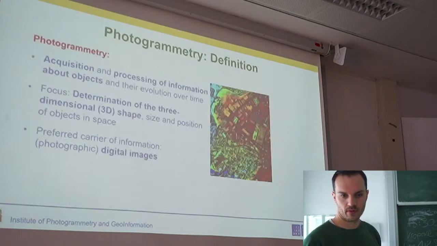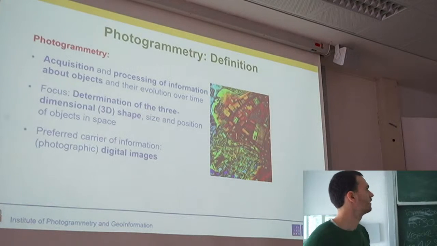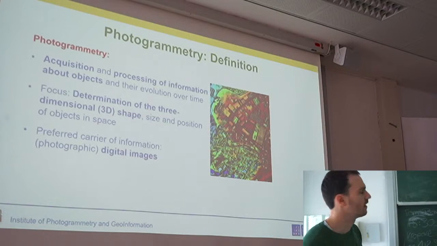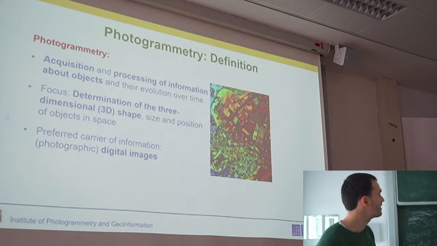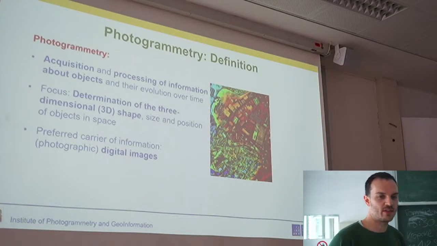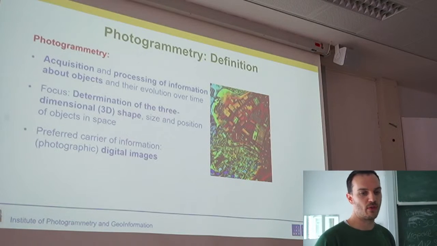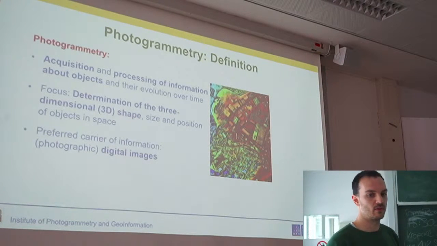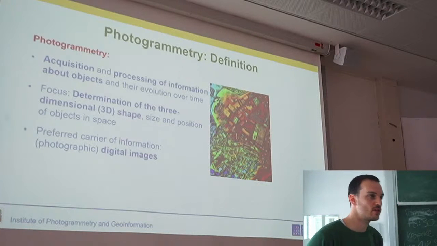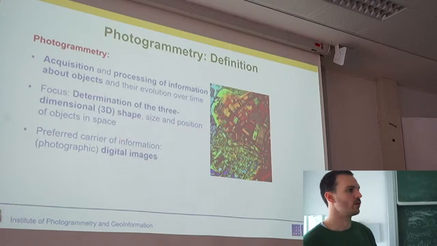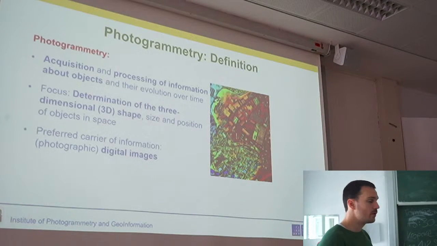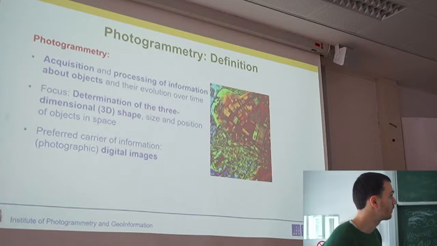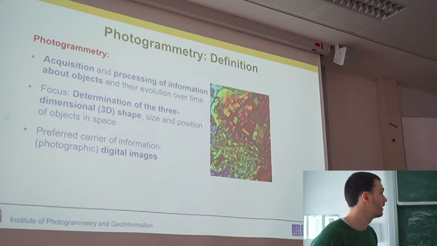So the definition, maybe a bit theoretical, let's still have a look at it. It's defined as the acquisition and processing of information about objects and their evolution over time. So it's not only a stationary measurement, but we can also take a time series and analyze that as well. Usually we want to get some sort of 3D information.